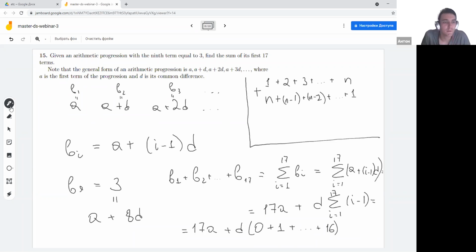If we have this sum, then it is very easy to see that it is actually a sum of values which all are equal to n plus 1. And there are exactly n of these values. So the value of this big sum is n times n plus 1.